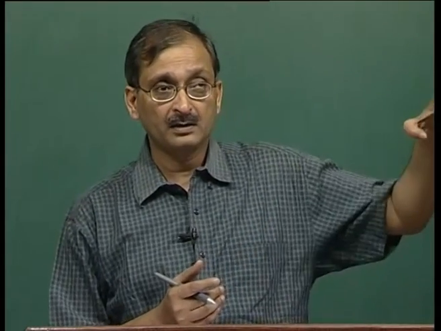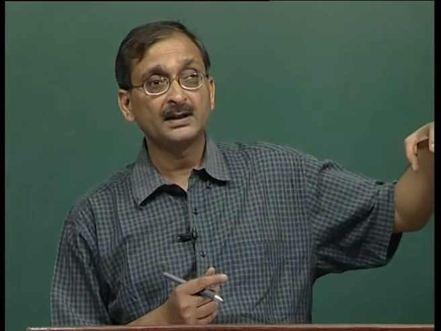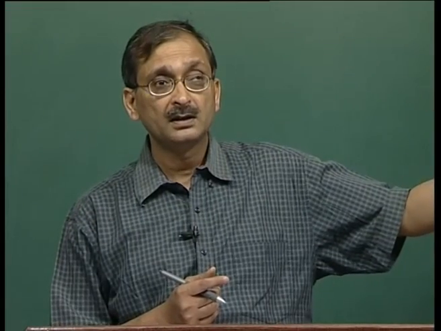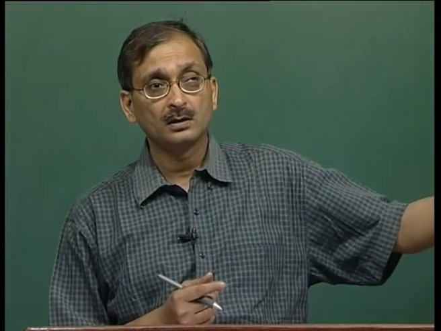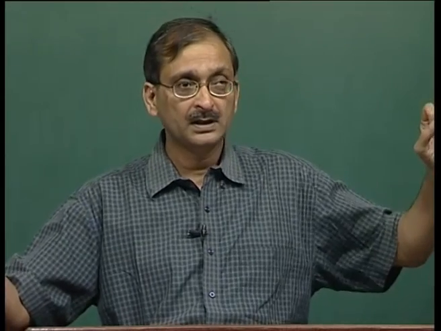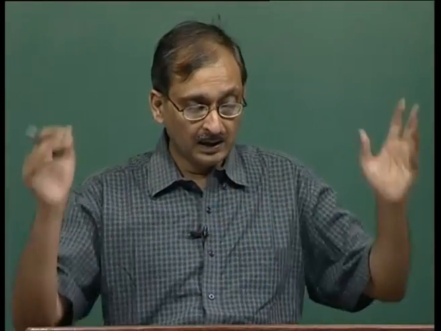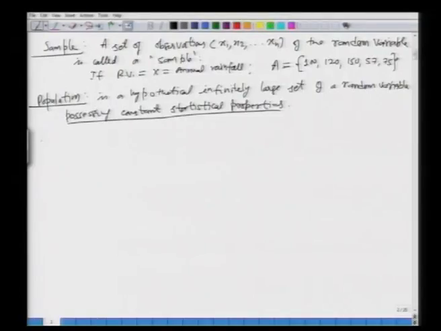If you take a sample of 20 data points, it will have a certain mean, standard deviation and so on. You take another sample of the same hydrologic variable, let us say annual rainfall in the same area, another 20 years of data, their means, standard deviations and other statistical properties will not necessarily be the same. So, a sample is a very small set and a population is infinitely large, but the statistical properties are constant.